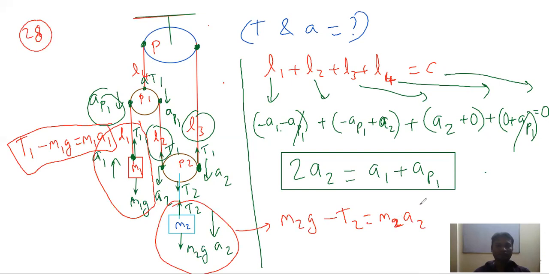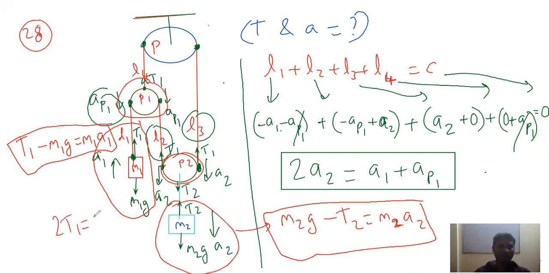So this is Newton's law equation for M2. Finally, for this pulley, we have 2T1 upward force is equal to T2, which is the downward force.